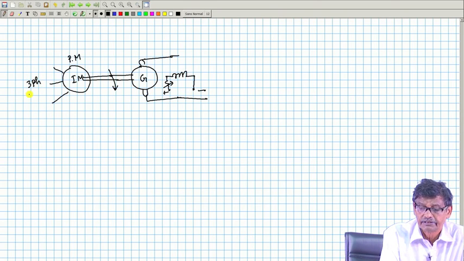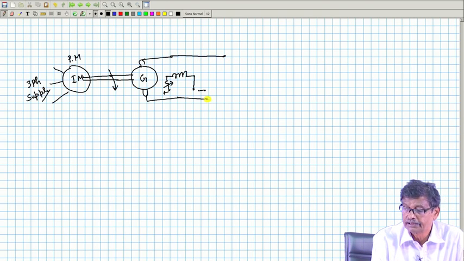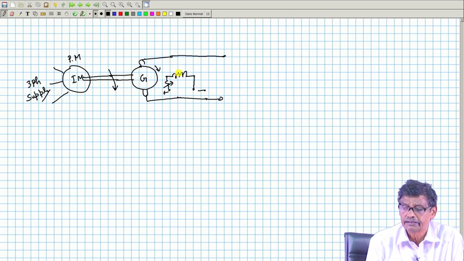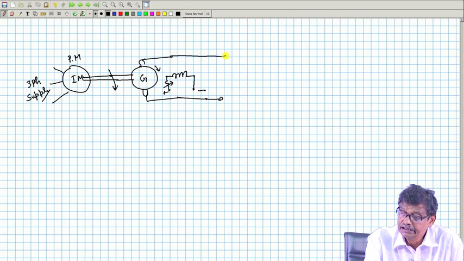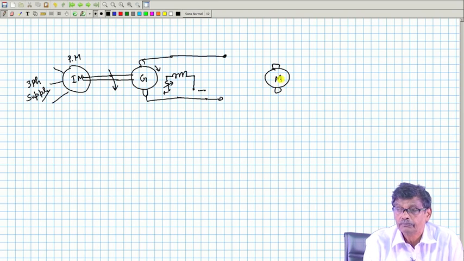Earlier days this was the situation, 3-phase supply, prime mover connected to the shaft of the generator, separately excited generator. What is this voltage? This voltage is K phi into N at whatever speed it is running. And then this voltage you apply to your motor whose speed you want to control.